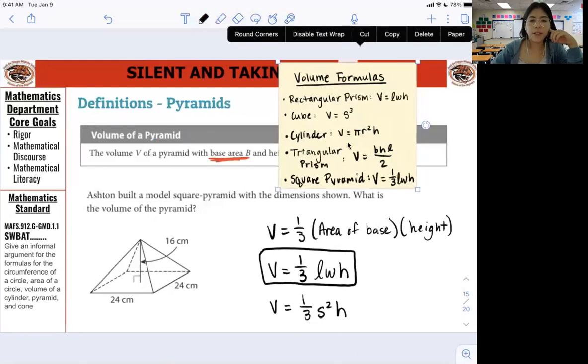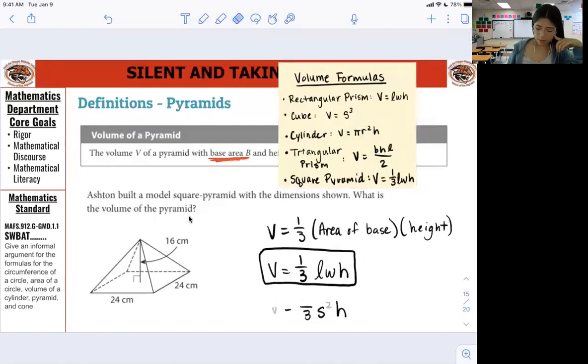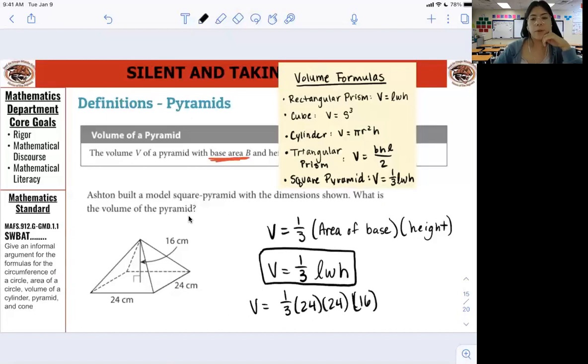And while we're working on this, let's actually do this question. What would be the volume of this particular pyramid using our formula? What do we get? 3,000. 3,000 what?